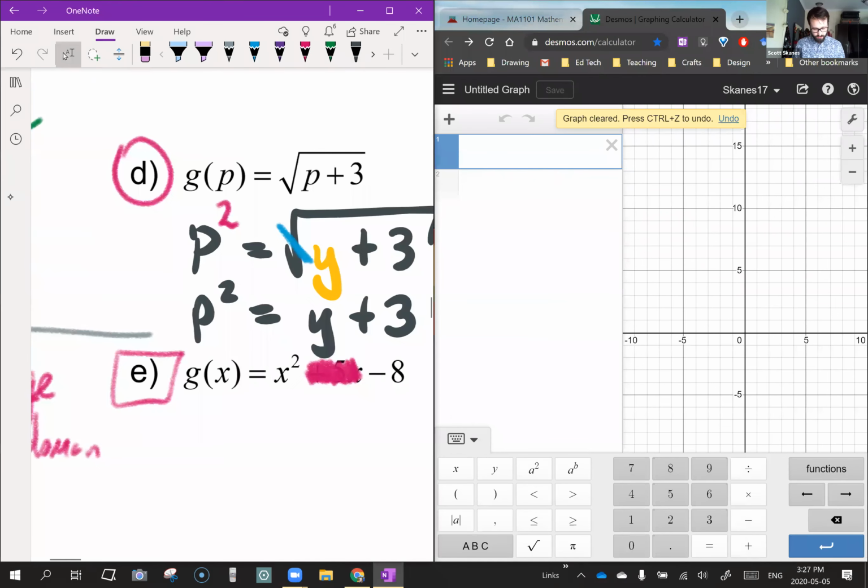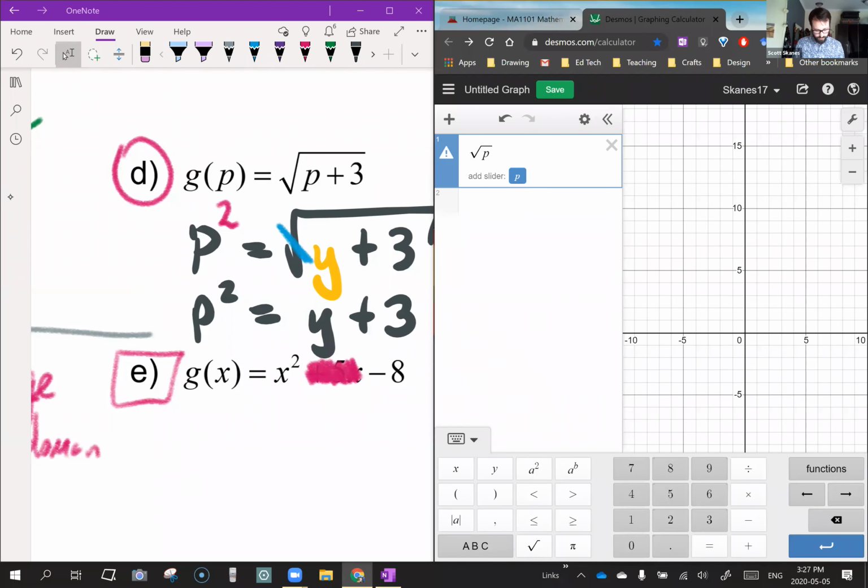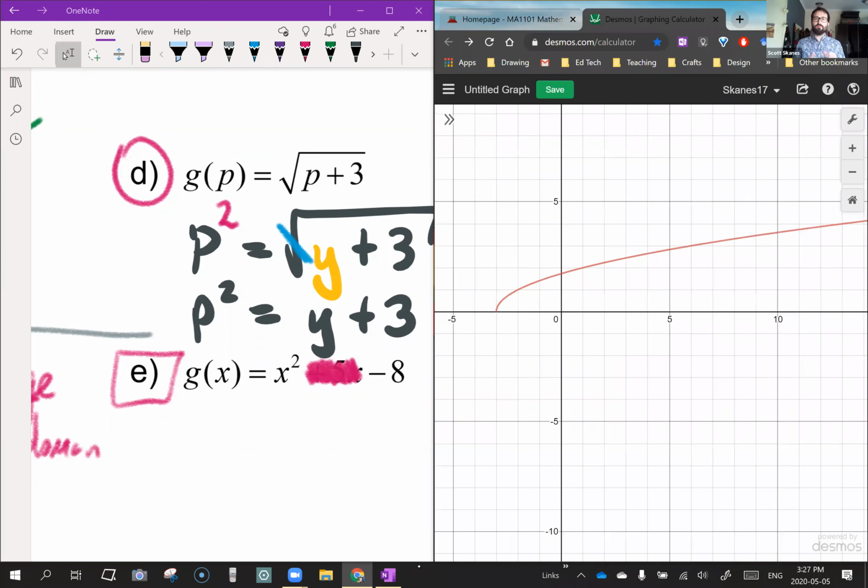So the function is square root of p plus 3. So I'll use p, but it could be anything. Plus 3. So y equals the square root of p plus 3. Okay, or g equals whatever. What's my range for this? Sorry, what's my domain? What are all my possible x values?